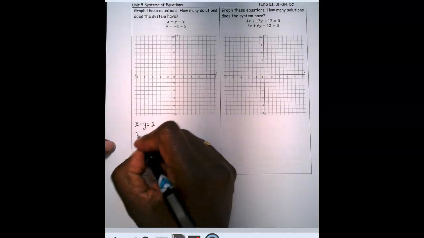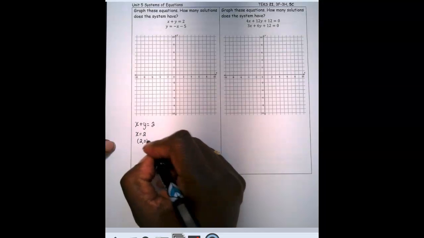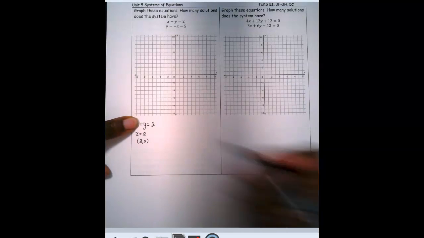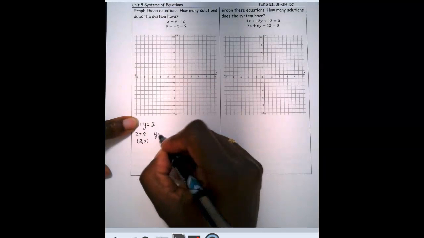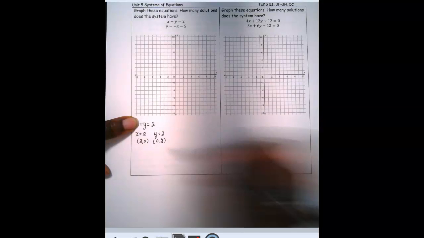So x would be equal to 2, and that means that one of my intercepts would be 2, 0. And then I could cover up x and say y is equal to 2, so my other ordered pair would be 0, 2. That's one way to do it.